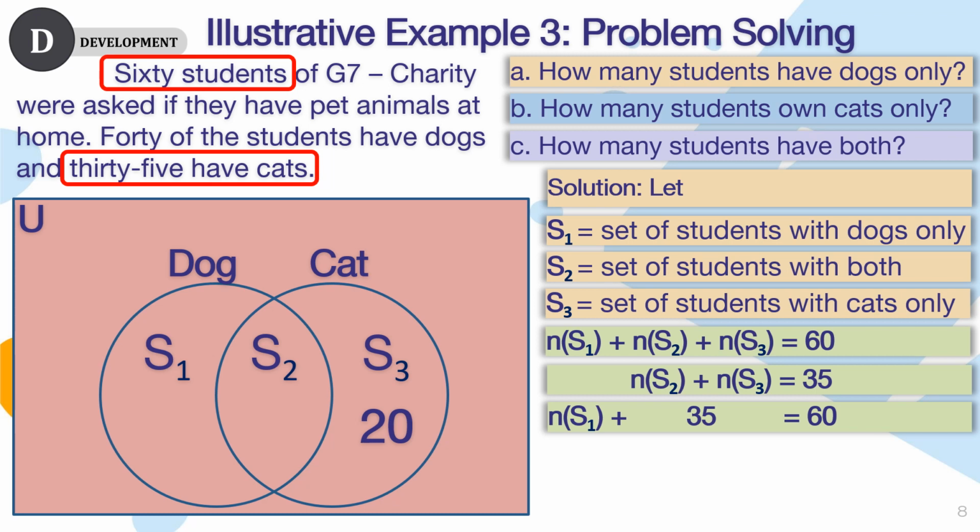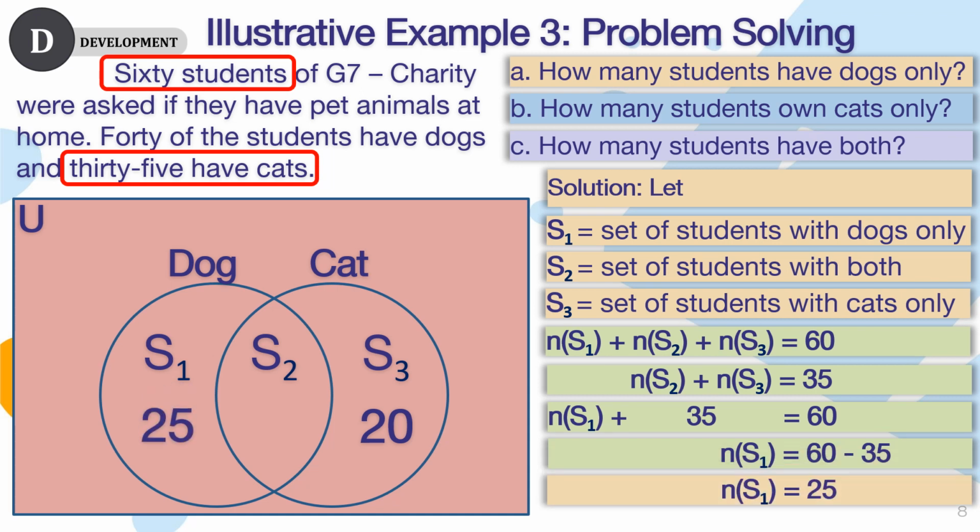We now have the cardinality of S sub 1 plus 35 is equal to 60. Next step is to subtract 35 from 60. We now get the cardinality of S sub 1, which is equal to 25.